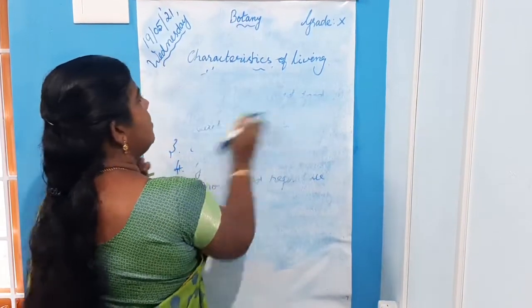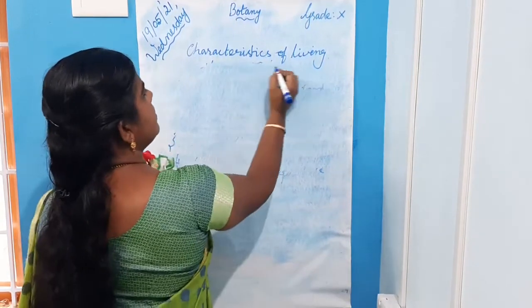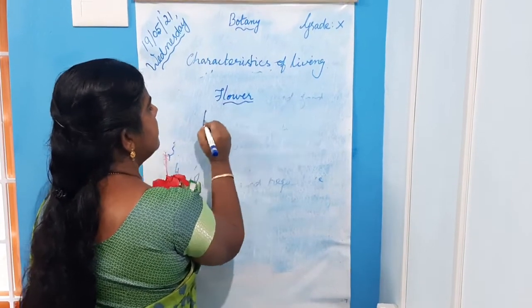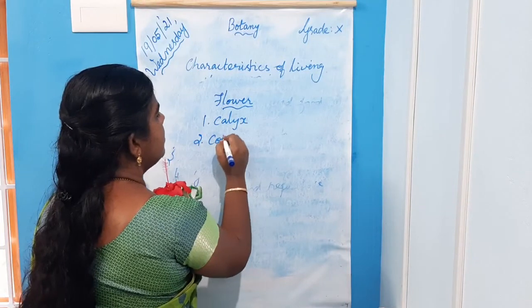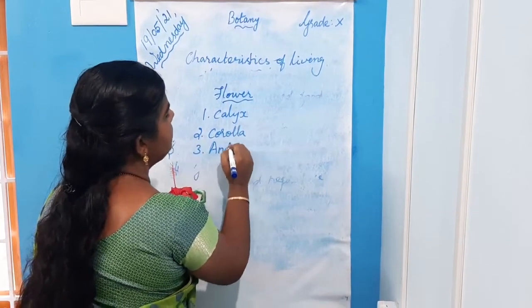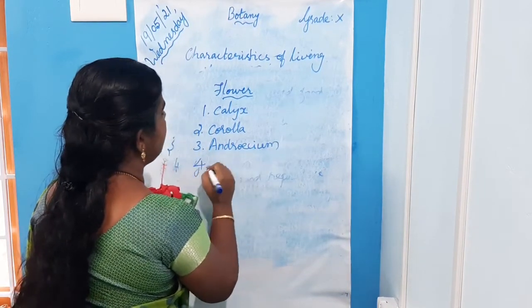Flower consists of 4 important parts. First is calyx, second one is corolla, third is androecium, and fourth whorl is gynoecium.